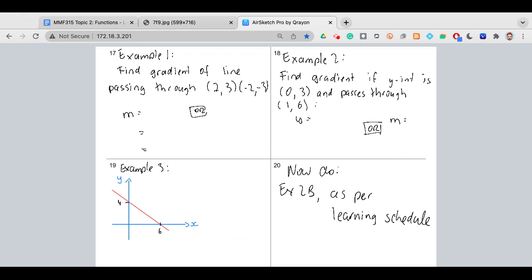Okay, moving on to the next one. So now I'm just going to do a few examples, and then you'll get some work to do for the rest of this lesson, which is not very long. So I want to do it really quickly because I know that I've spent a lot of time talking, and I apologise for that. Okay, so this first one, find the gradient of the line passing through (2, 3) and (-2, -3).